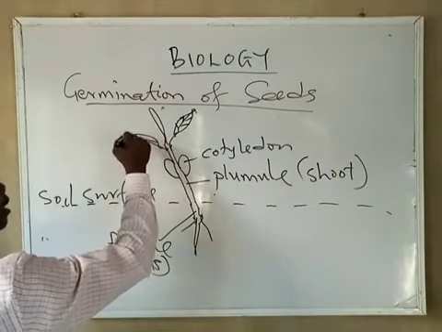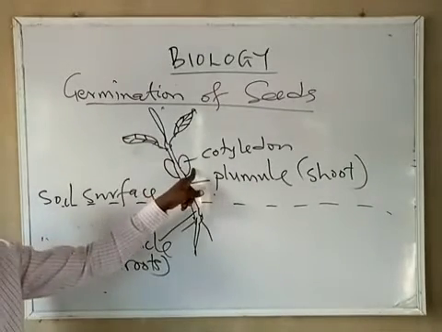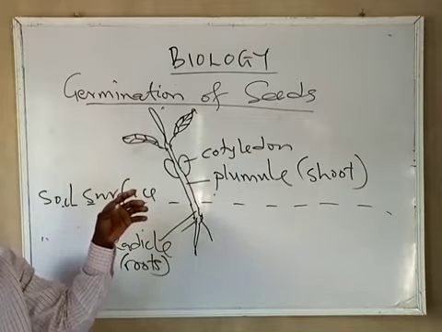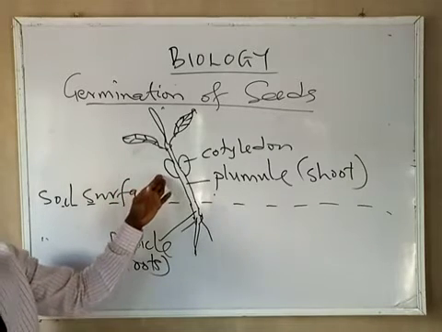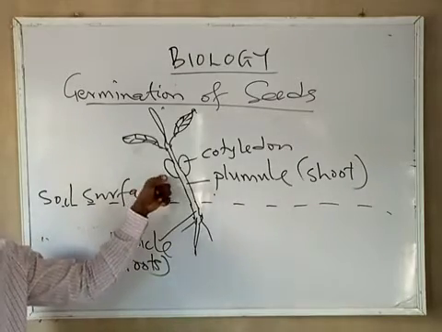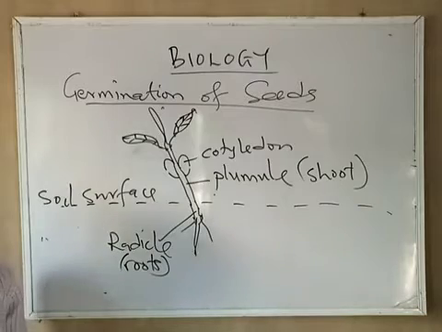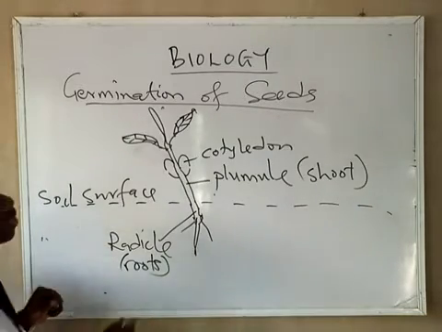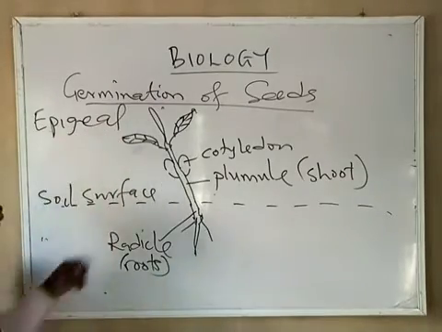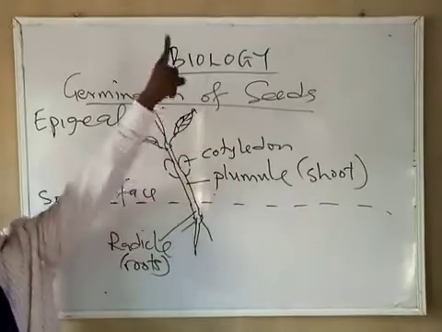While the leaves are getting formed, the cotyledon will be shrinking away. After about 1 week, it's already getting dried. By the time the seedling is like 2 weeks, this one will have withered away. But it is classified as epigynous germination because during germination, the hypocotyl carries the cotyledon above the soil surface.